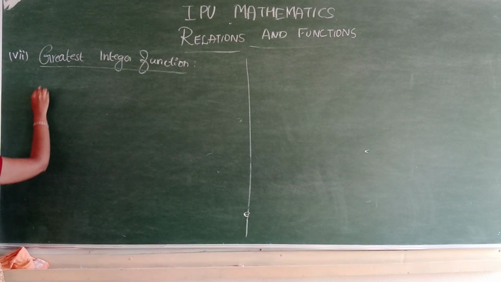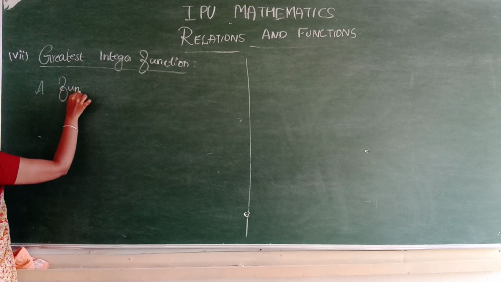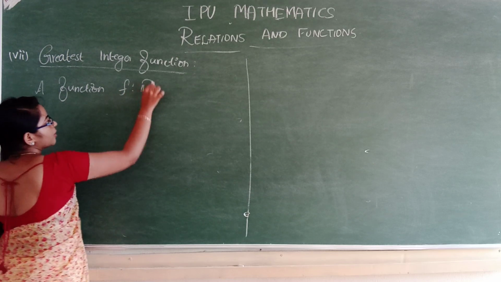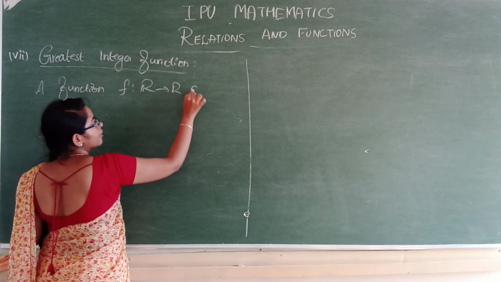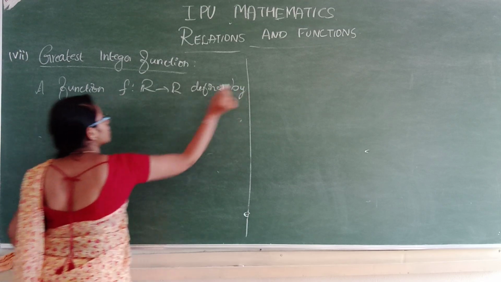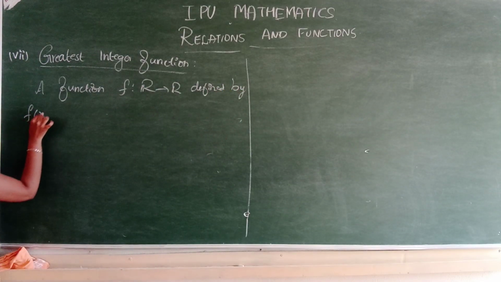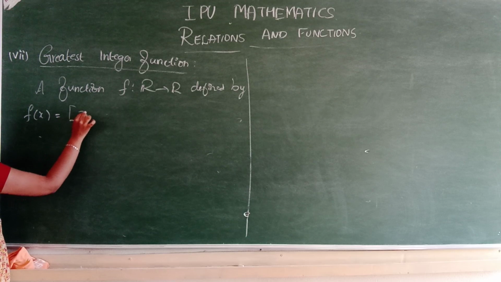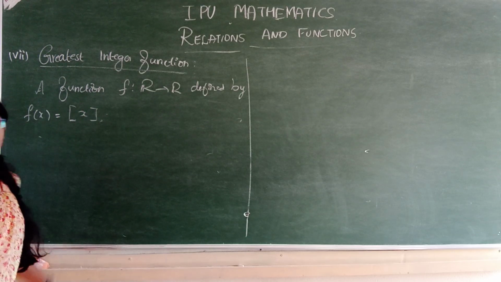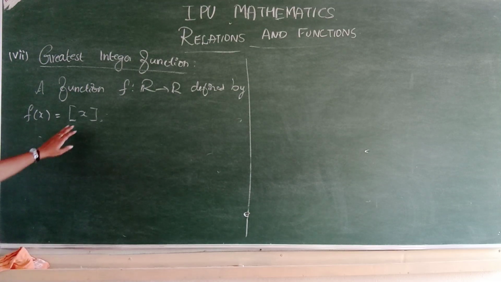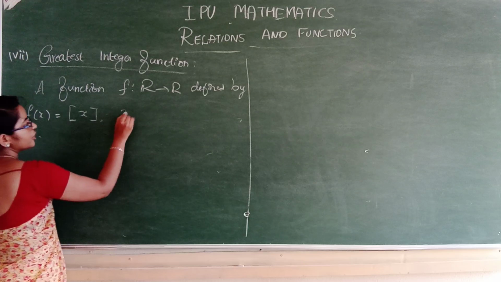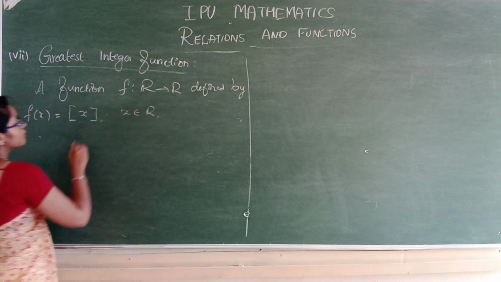A function f from R to R defined by f of x is equal to box x, that is x written inside a box, for each x belongs to R. We call this type of function a greatest integer function.